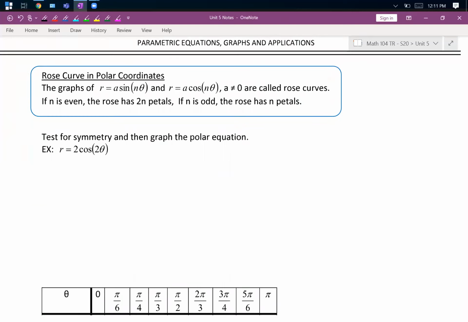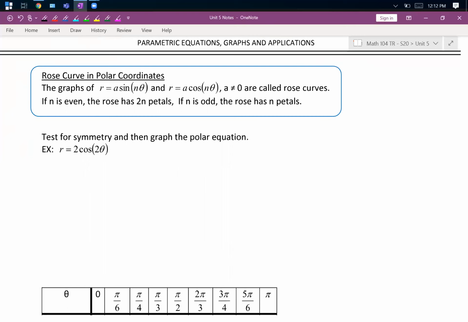So a rose curve in polar coordinates, you don't have a plus or minus a constant. Our equation is going to be a times sine or cosine, but you're going to have some number multiplying inside the argument. These are rose curves.